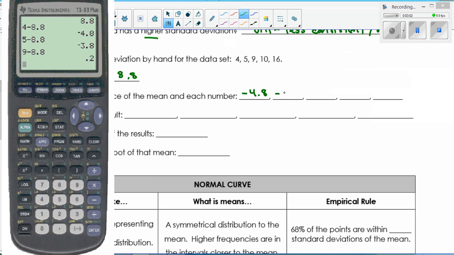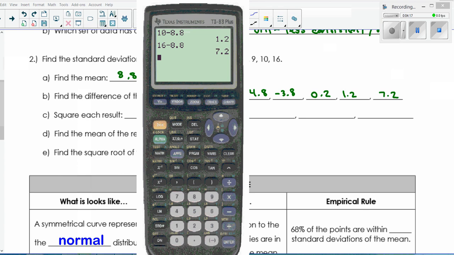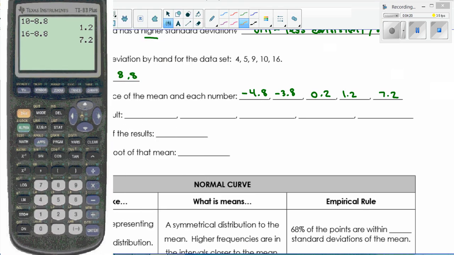So we get negative 3.8 and 0.2. In the next part, we're going to square each of these results.